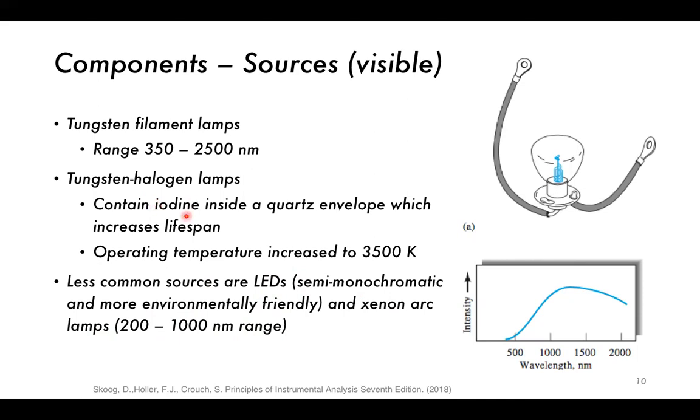It's worked very well, and people are reluctant to change, basically. But there are some which make use of LEDs, and some which make use of xenon arc lamps. The problem with xenon arc lamps is that they're quite fragile and expensive. They don't last as long, and when they break, it's expensive to replace them.